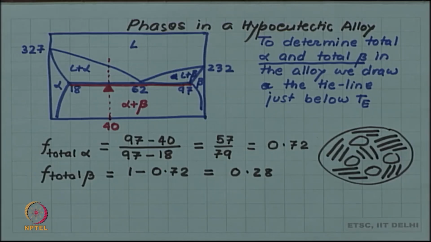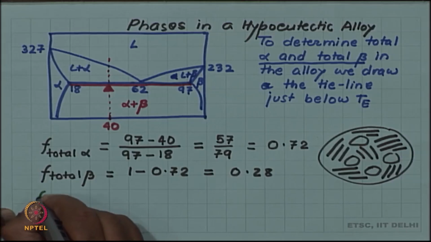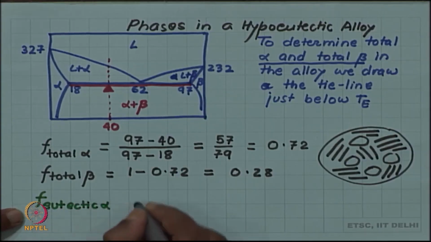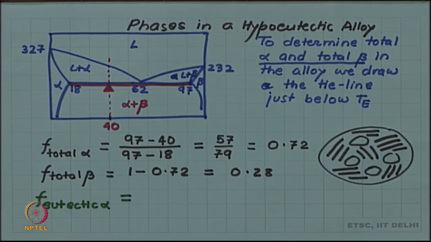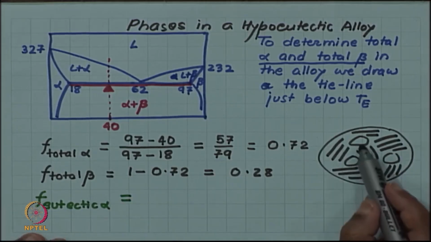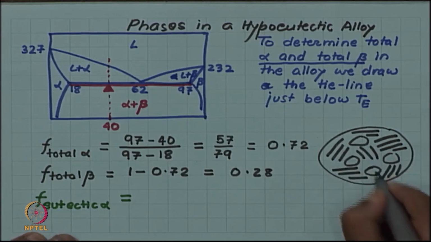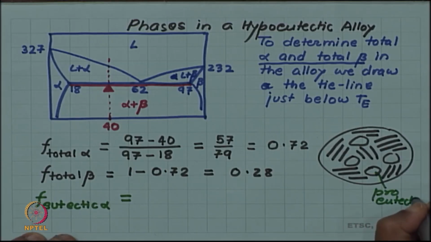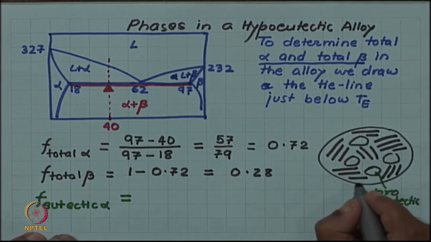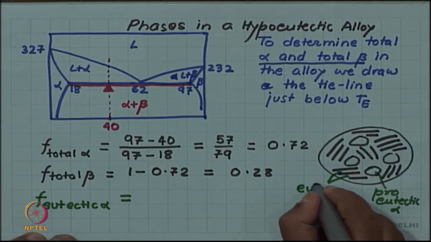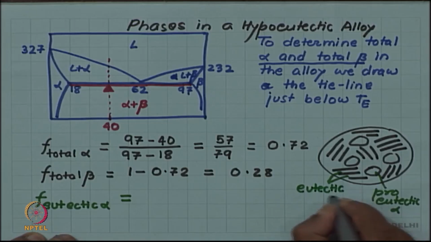If we are interested in that number, we can call that eutectic alpha, F eutectic alpha. Since the total alpha is divided as pro-eutectic alpha and the alpha which is part of the eutectic mixture, this will be eutectic alpha.